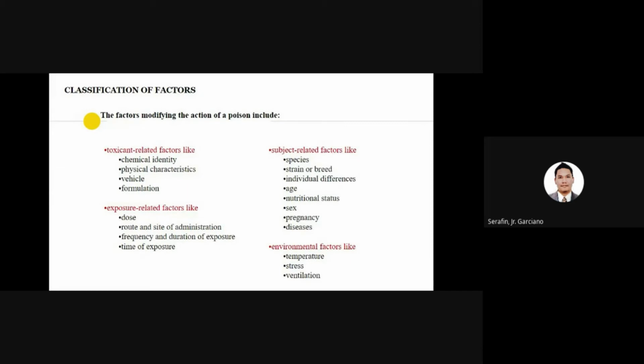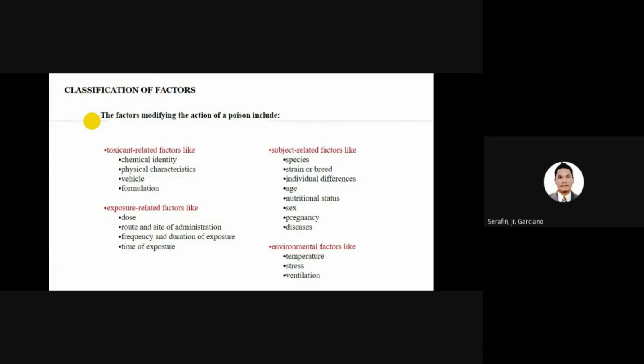There are factors modifying the action of a poison. This includes toxicant-related factors, exposure-related factors, subject-related factors, and environmental factors. Toxicant-related factors comprise the chemical identity, physical characteristics, vehicle, and formulation.